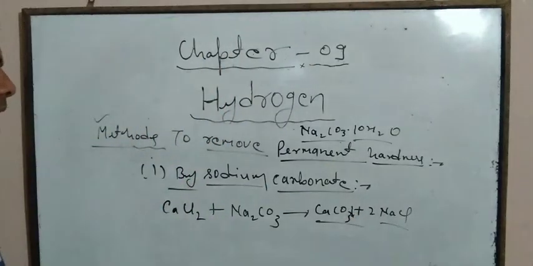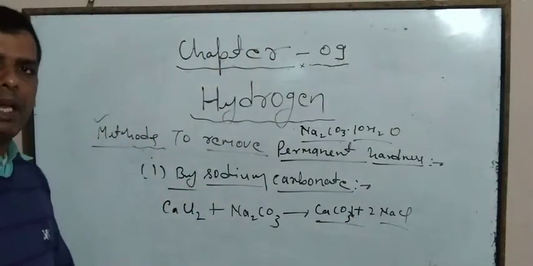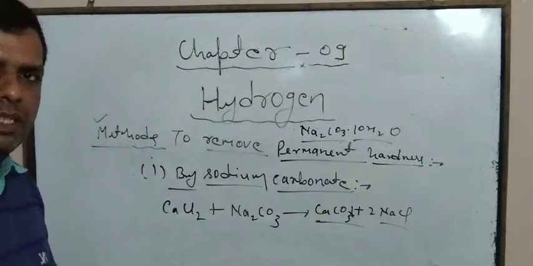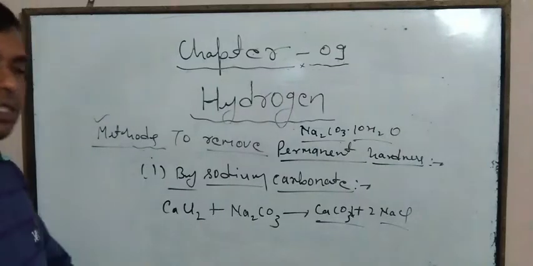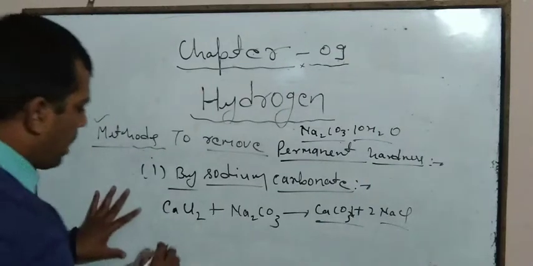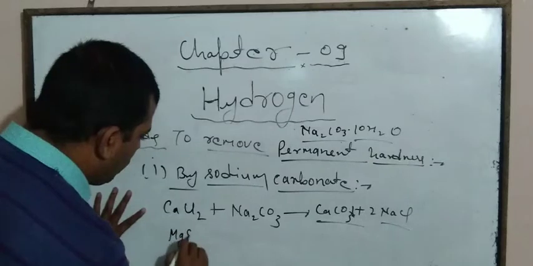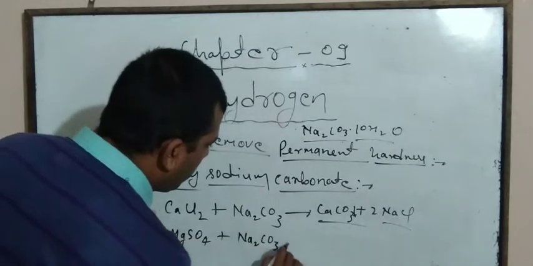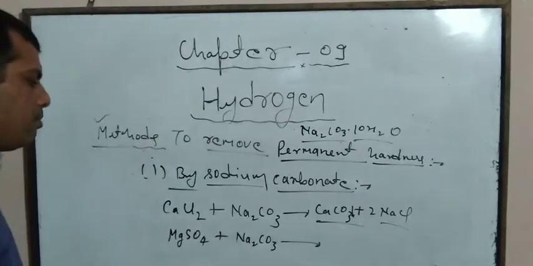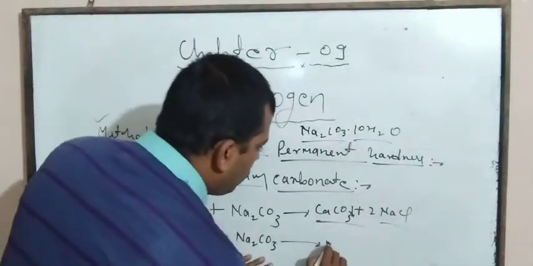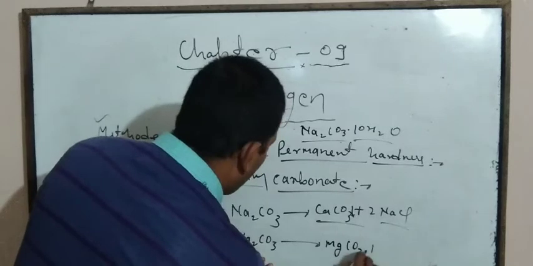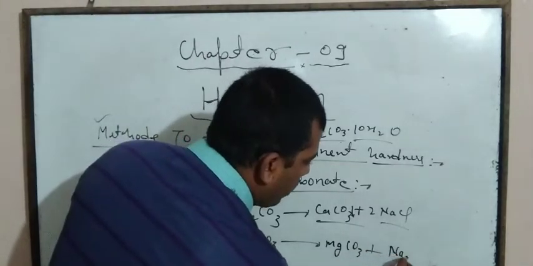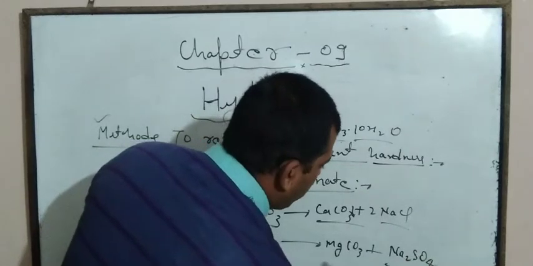Similarly, if MgCl2 or magnesium sulfate, MgSO4, or calcium sulfate is taken, for example MgSO4 reacts with sodium carbonate Na2CO3, then it forms MgCO3 plus Na2SO4, sodium sulfate.